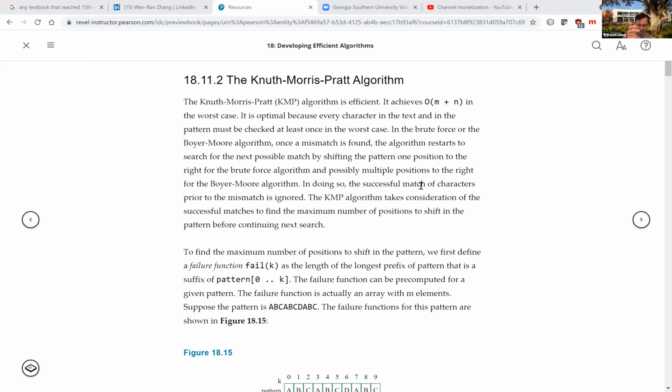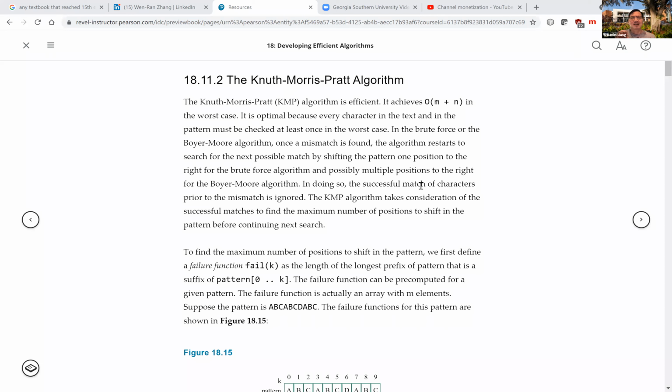If there's a match, and then match, match, match, all this successful match information is not retained. It's just lost. You didn't use it. But you spent time on this. This is actually quite useful to get an efficient algorithm. So that's where the KMP algorithm comes into play.